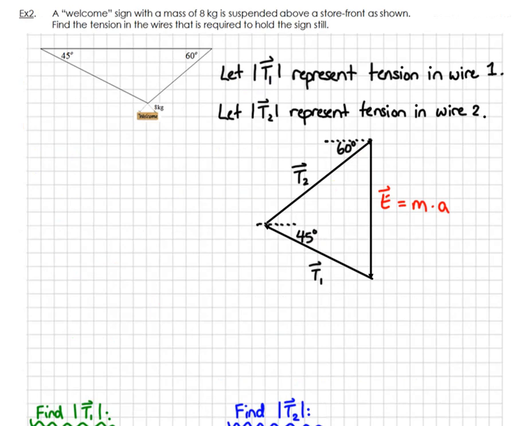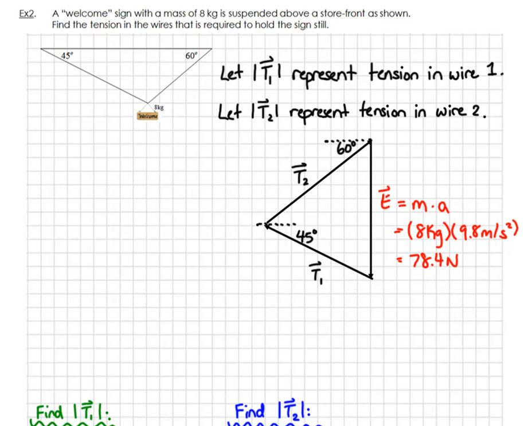The mass has to be in kilograms, which I think they said was 8 kilograms, and acceleration is 9.8. That will give an equilibrium force of 78... that doesn't even make sense. What am I writing? It's late. 78.4 newtons. All right.